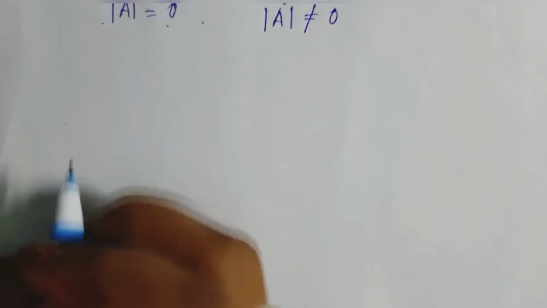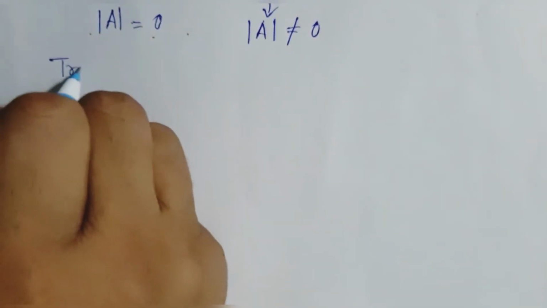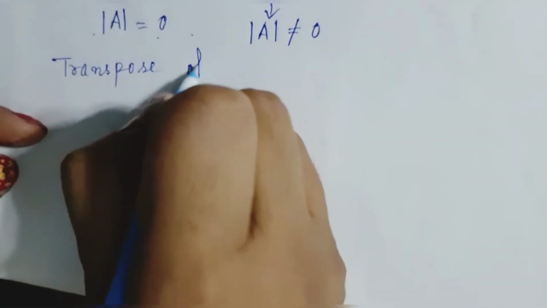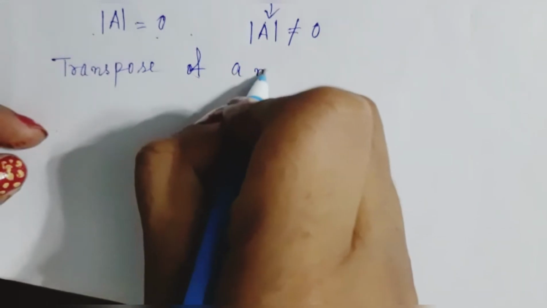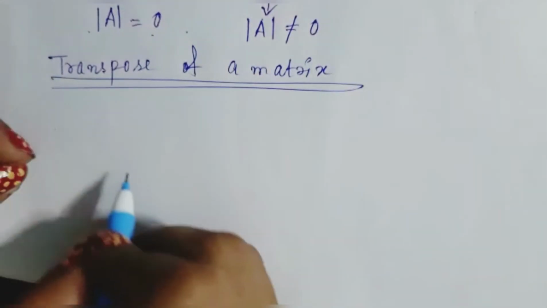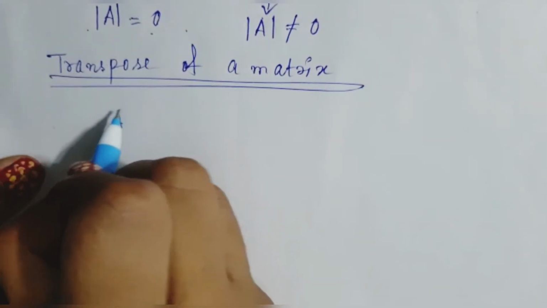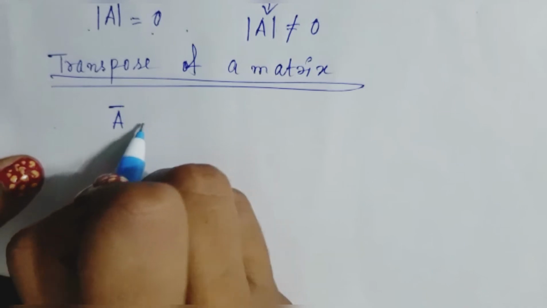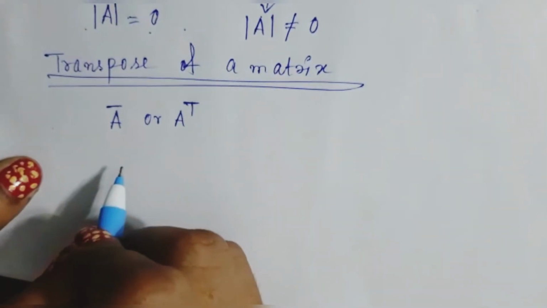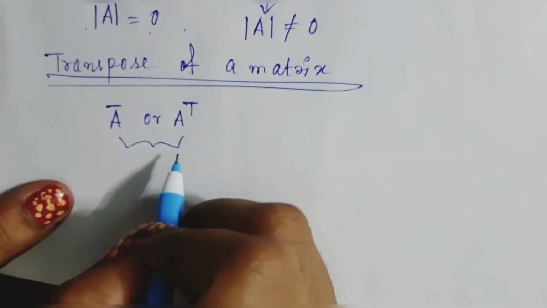Now, what is the transpose of a matrix? When you write, suppose A with a bar, or A T, this is the transpose of a matrix. It is denoted like this.